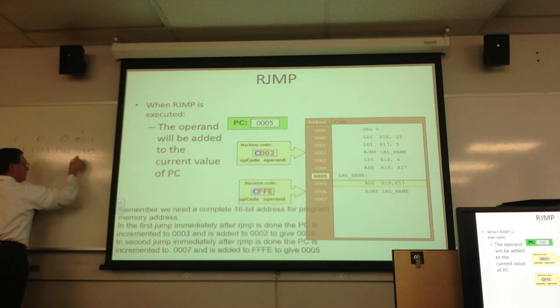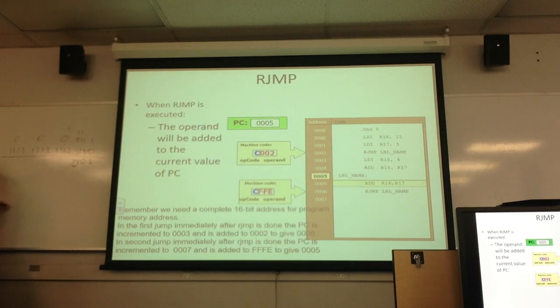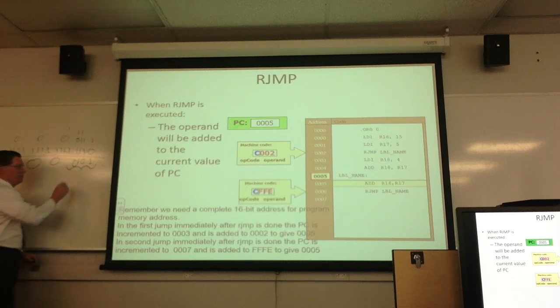All right. All the ones are going to be flushed out here. I'm going to be left with all zeros here. And what's that number? That's the 5, and that's where we're going to.